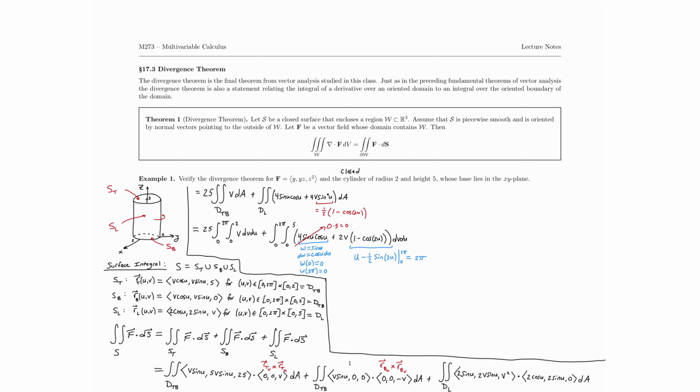Now the v portion of this integral, the 2v, this will just end up being v squared between 0 and 5, which is 25. So this entire thing turns into 25 times 2 pi, which is 50 pi.